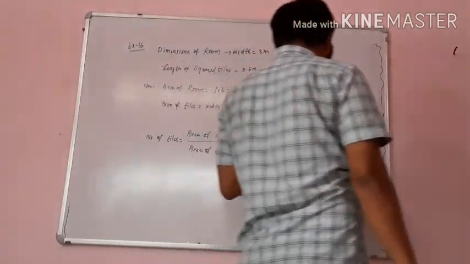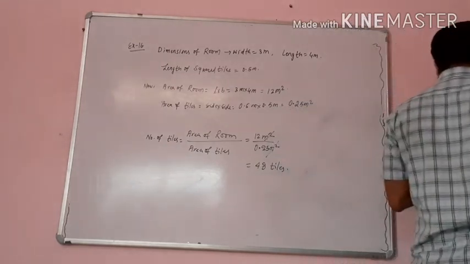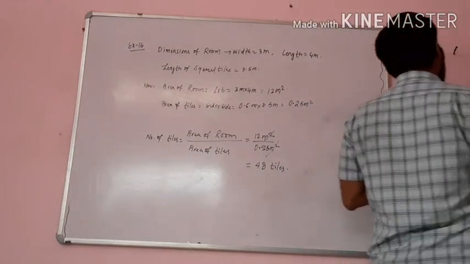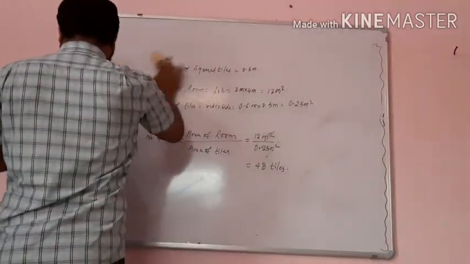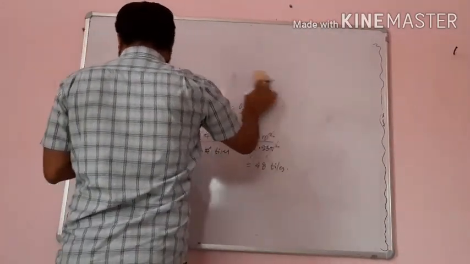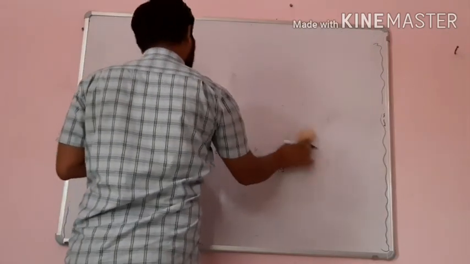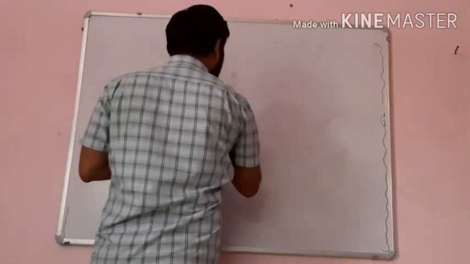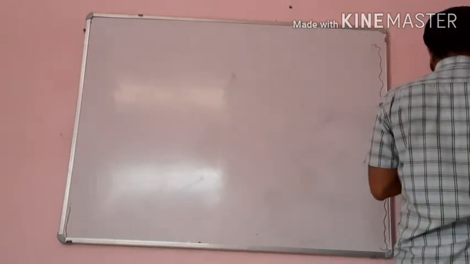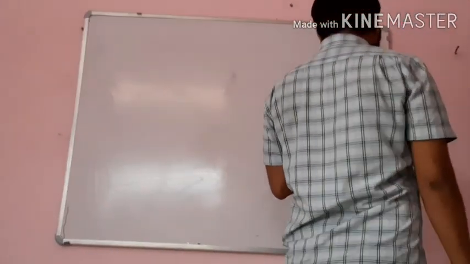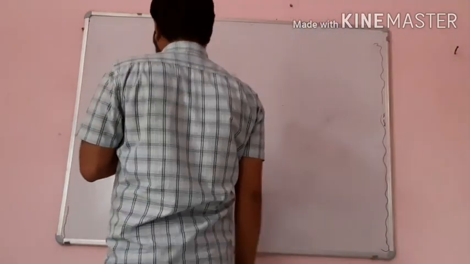Now, example number 17. In example number 17, find the area in square meter of a piece of cloth whose dimensions are 1 meter 25 centimeter width and 2 meter long.